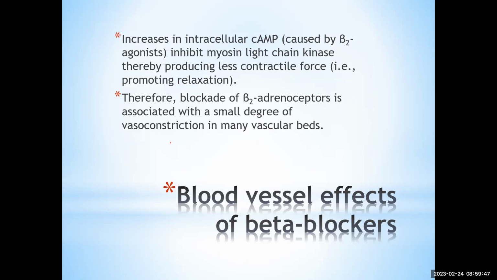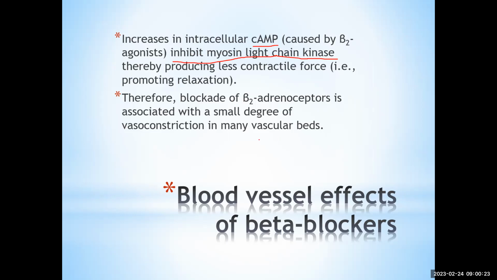And this is the case in the beta 2s. The intracellular cyclic AMP inhibits myosin light chain kinase. Since it inhibits it, you promote relaxation. So blockade of the beta 2 receptors is associated with some degree of vasoconstriction in vascular beds. However, the effects on the heart vastly outweigh whatever effects you might get in vascular beds.